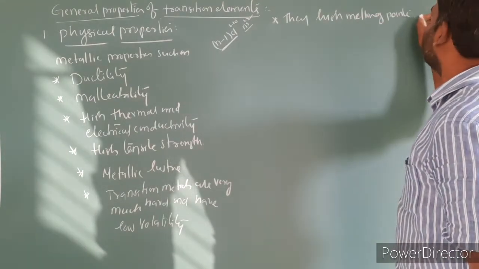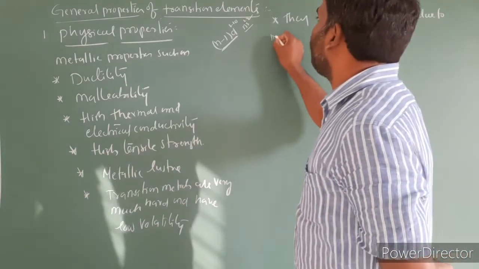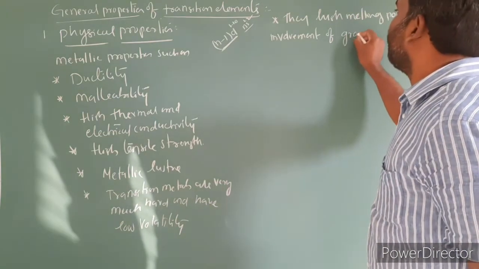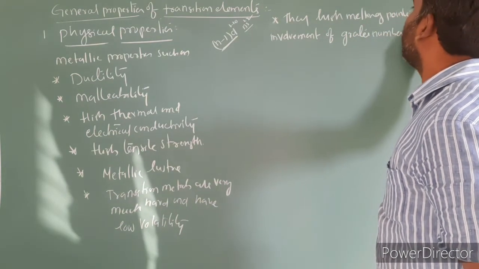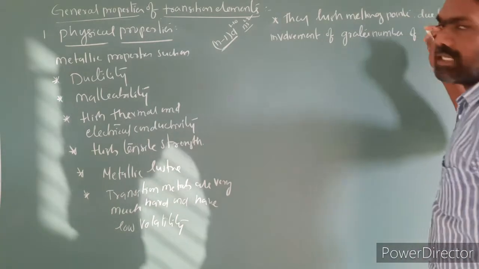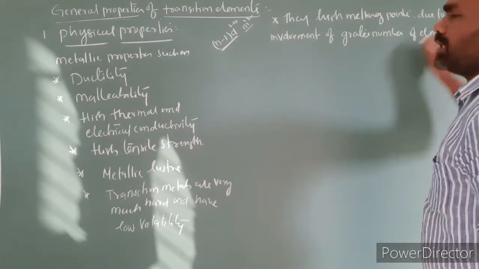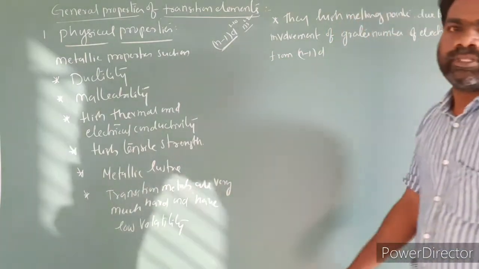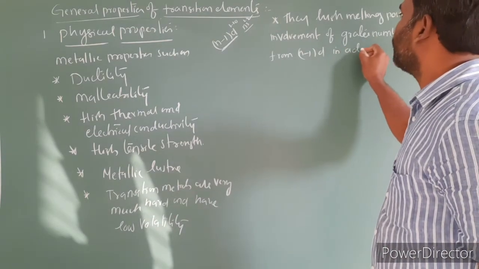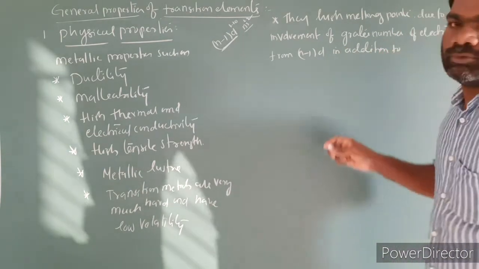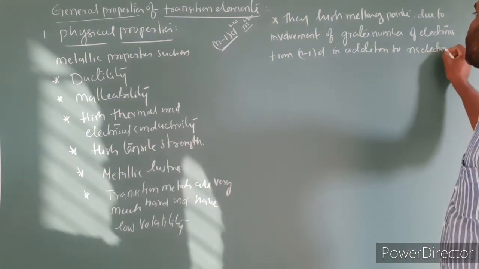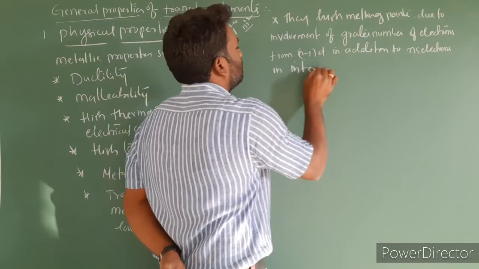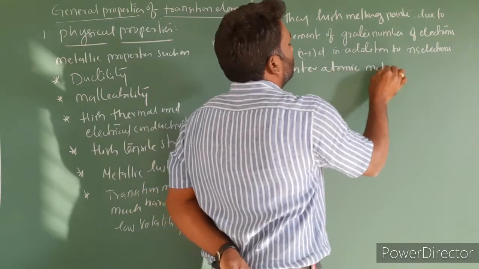So they have high melting points due to the involvement of a greater number of electrons from n-1d, in addition to the ns electrons, in interatomic metallic bond formation.